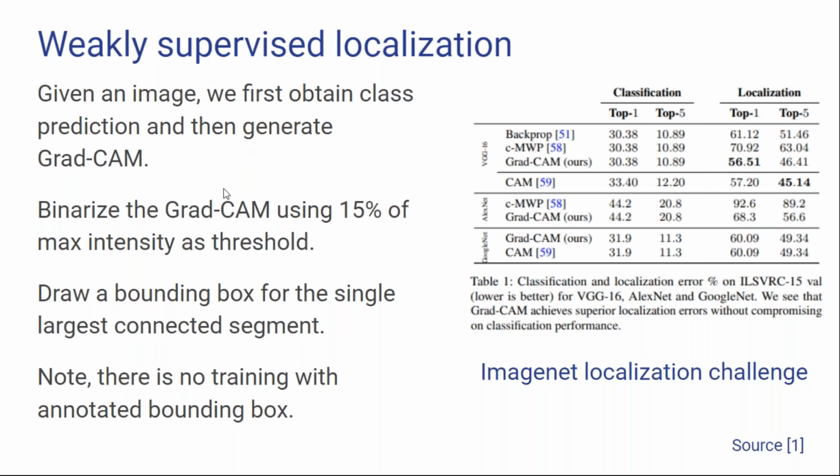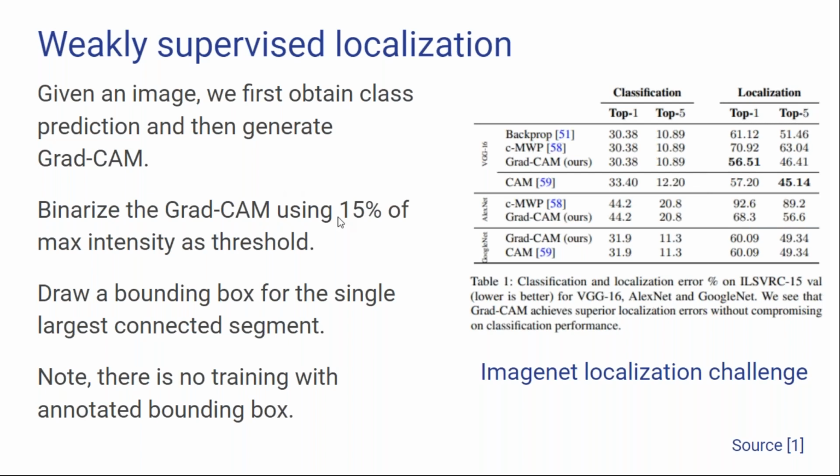But how can we use Grad-CAM to achieve that? Given an image, we first obtain what class it is, and then we generate a Grad-CAM. It will give you a heat map highlighting the region where that particular class is. Then you can do a simple image segmentation, which is done by simple thresholding.